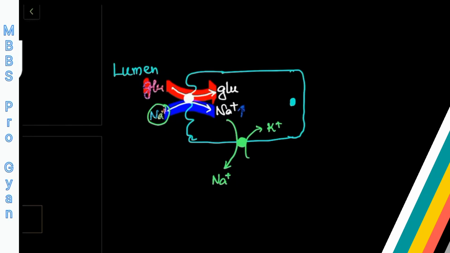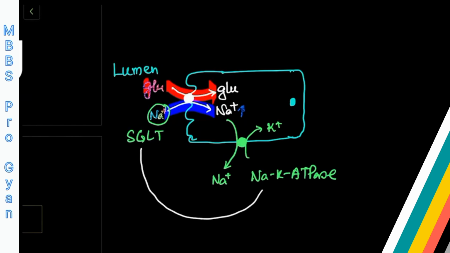So now I can understand that this SGLT molecule is dependent on the sodium potassium ATPase pump. Whenever the sodium potassium ATPase pump works, we know that it breaks down one molecule of adenosine triphosphate to adenosine diphosphate.